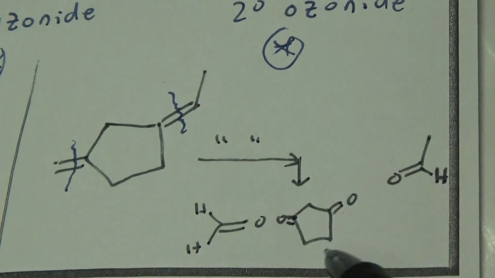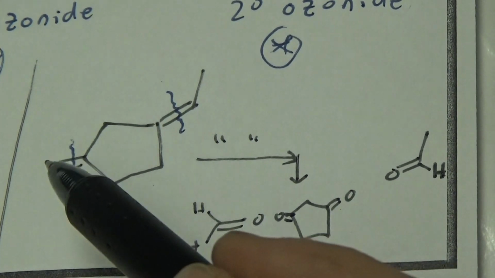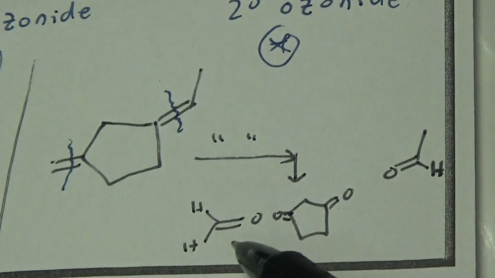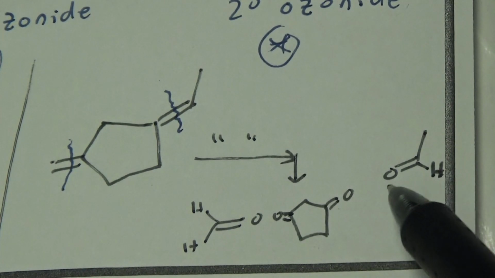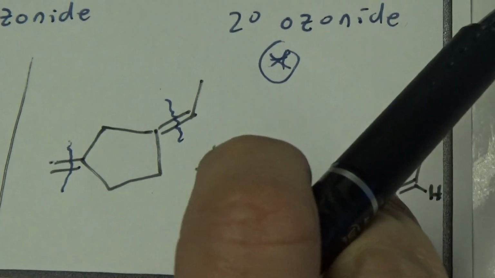Looks like that. Alright, so it basically gave you 3 products. You cleave both double bonds, you get a formaldehyde, a diketone, and a 2-carbon aldehyde, acetaldehyde. All right.